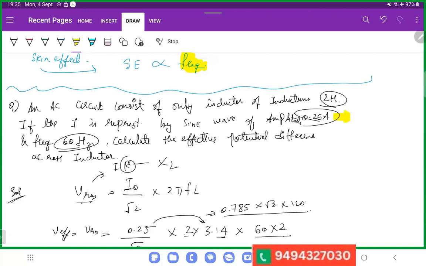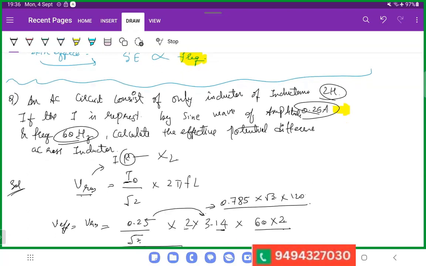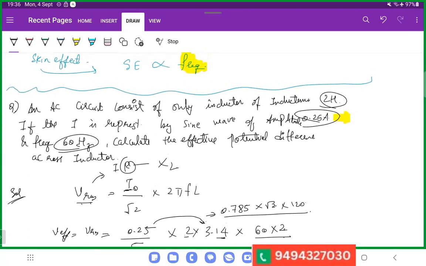Do you remember what I said about amplitude when we started today's class? Come on, guys, don't disappoint me. Today only we discussed.